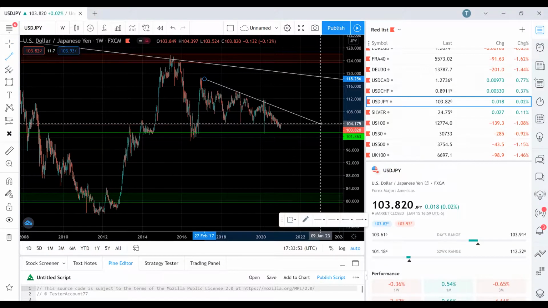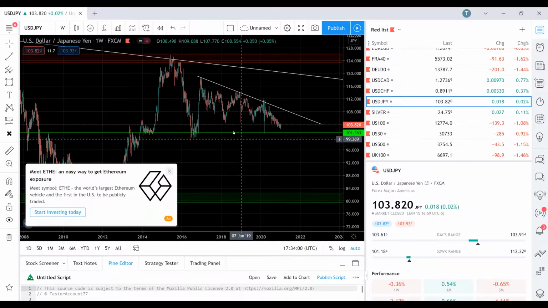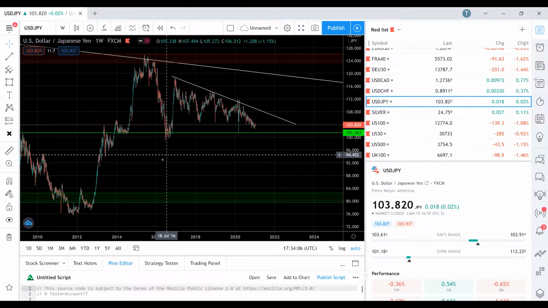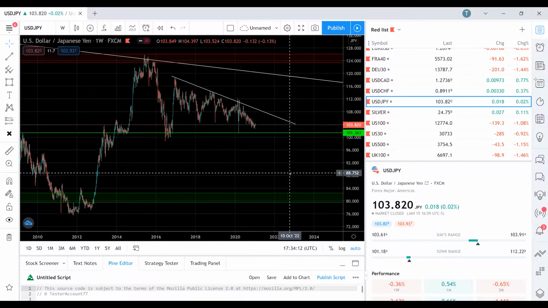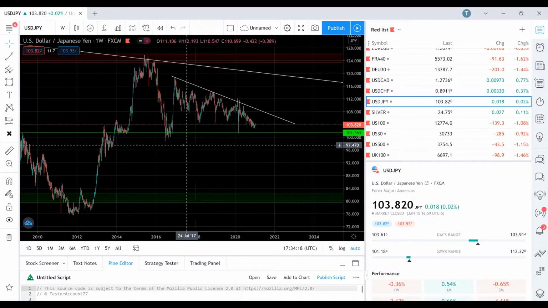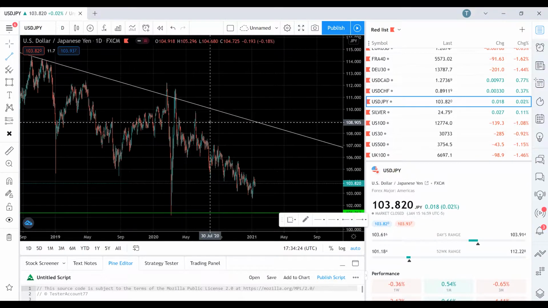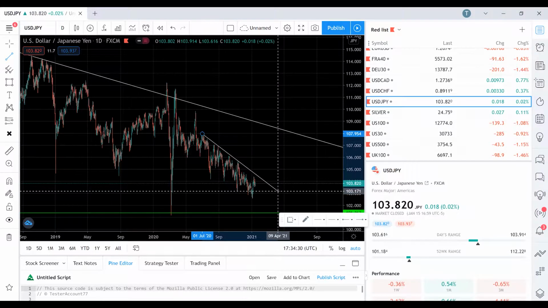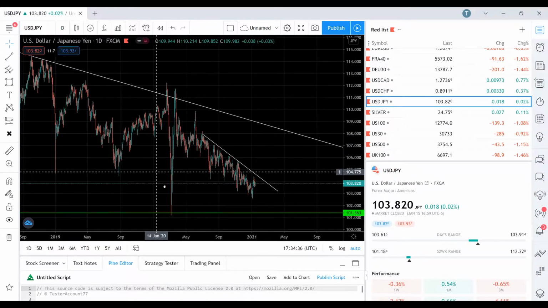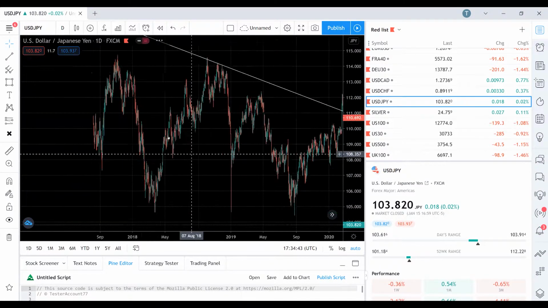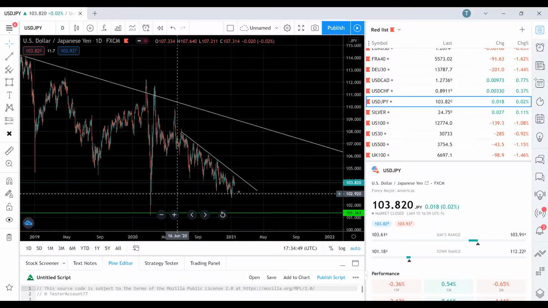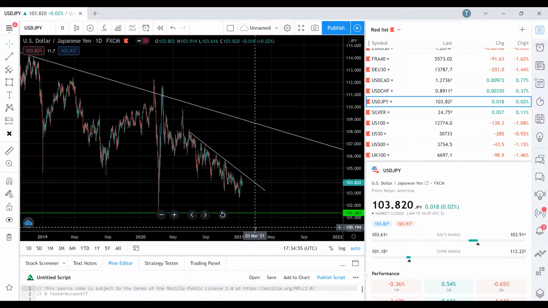Trend resistance here. We could also break above trend and go up to trend support. Move to the daily. Trend resistance here. We also have a downtrend on USDJPY, so definitely going to be watching either for a bounce or a break lower to the buy zone.